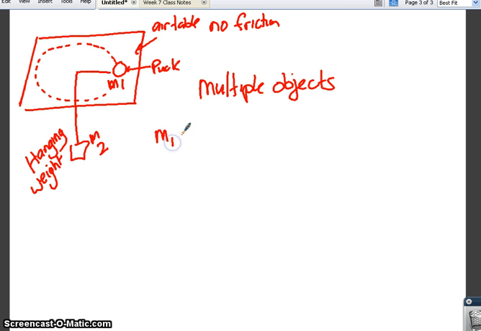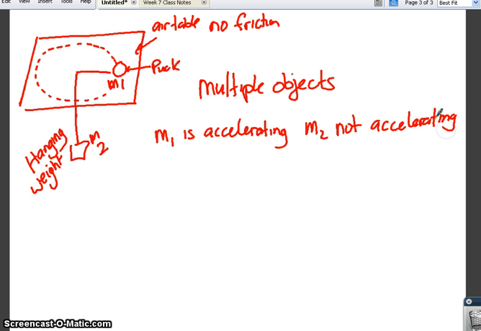M1 is accelerating. In this situation, M2 is just a hanging weight, not accelerating. So this is our first multiple object problem where one is accelerating and one is not. This one is accelerating inward, and this one is hanging still.